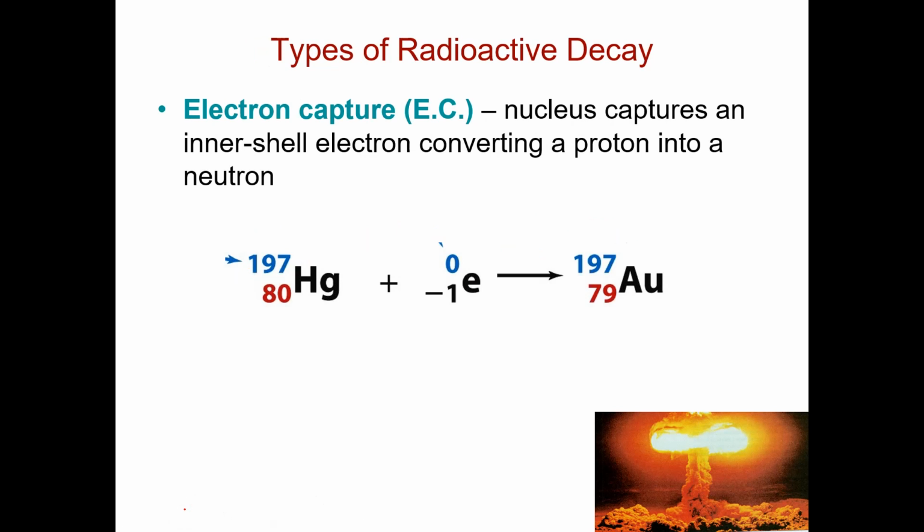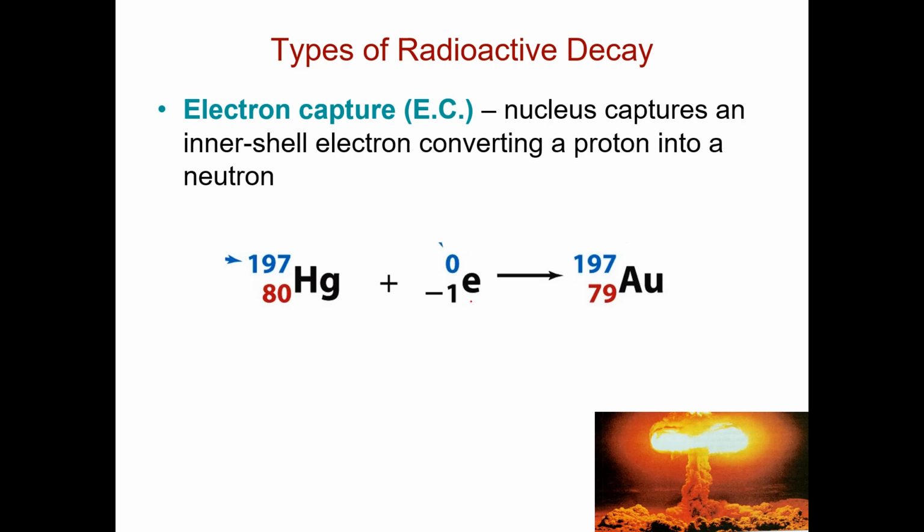So the last type of radioactive decay that we'll talk about is electron capture. Electron capture is when a nucleus captures an inner shell electron, and that converts a proton into a neutron. So for example, if we have mercury, mercury has an atomic number of 80, and this particular isotope has a mass number of 197.